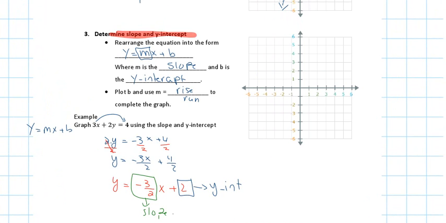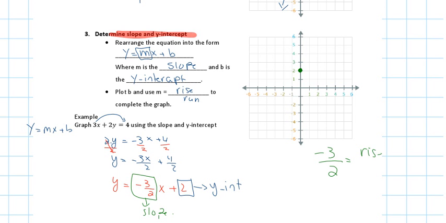Now, let's locate the y-intercept. The y-intercept is at 2, so if I look at the y-axis, 2 is right here. Okay? Now, my slope says it's negative 3 over 2, and I know that the slope is equal to rise over run.